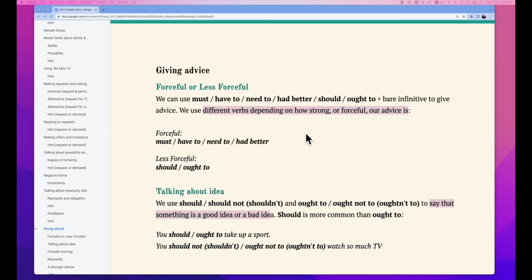Let's take a look. We can use must, have to, need to, had better, should, ought to, plus the base infinitive to give advice. We use different verbs depending on how strong and how forceful our advice is. Forceful advice could use modal verbs like must, have to, need to, and had better. Less forceful advice could use modal verbs should and ought to.